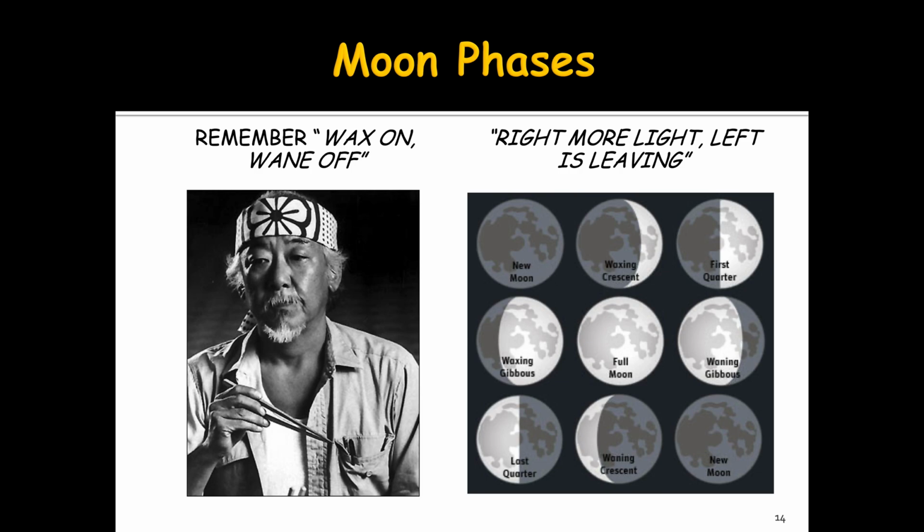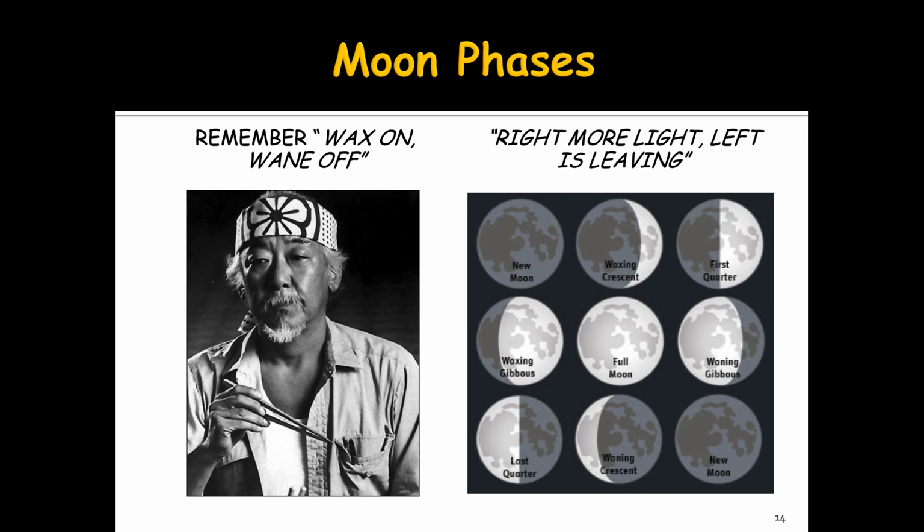But anyways, this guy here, Mr. Miyagi, he used to say wax on, wax off when he was training young Daniel's son. So in my tiny brain, I'd think wax on, wane off. Okay, wax on, we're adding more light. Wane means leave, off, that's we're losing light. It'd be on the left. Because right, more light, left is leaving.